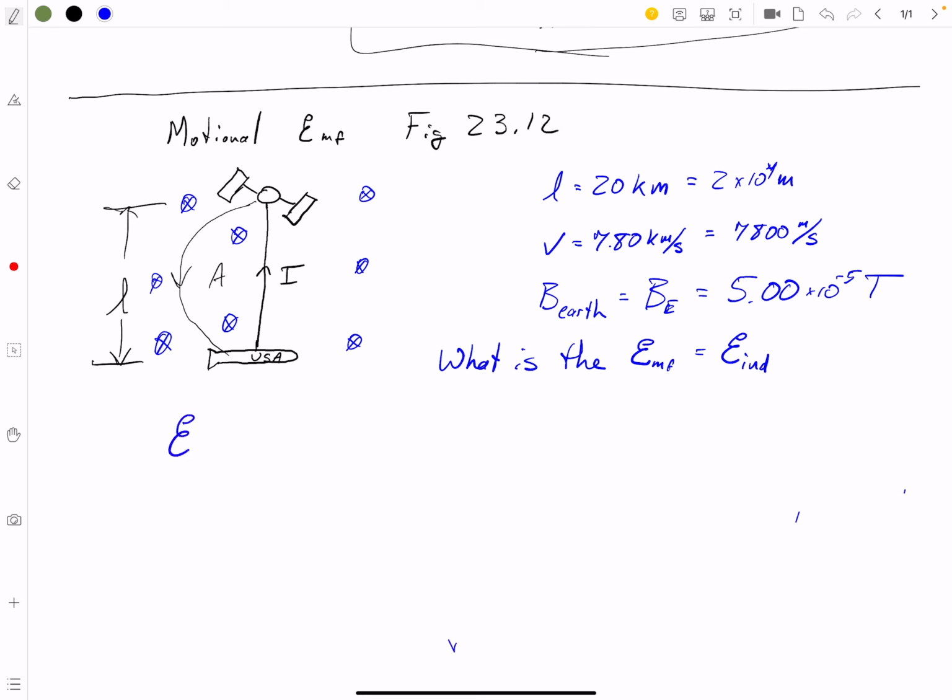We've got EMF induced is equal to BLV, and that's 5.0 times 10 to the minus 5, times 2 times 10 to the 4, times 7,800.